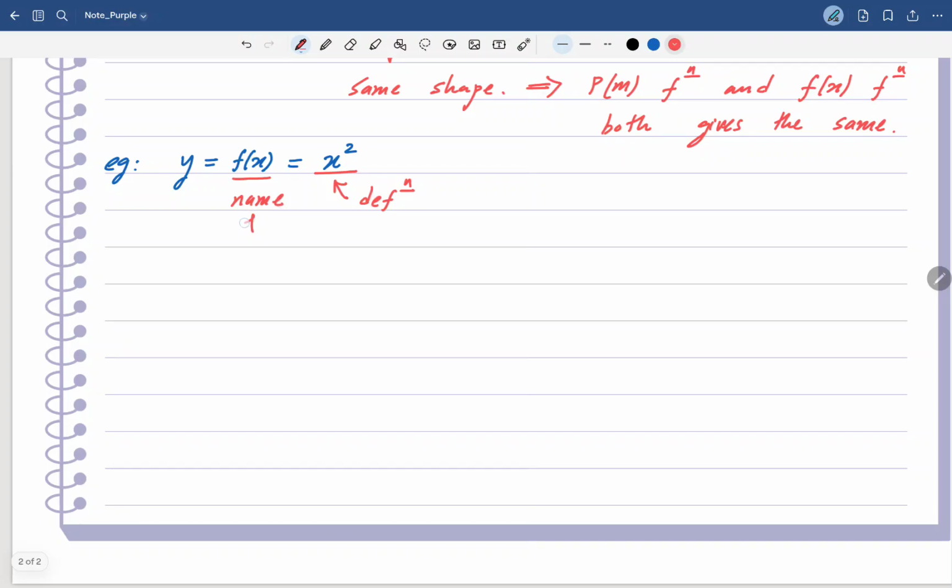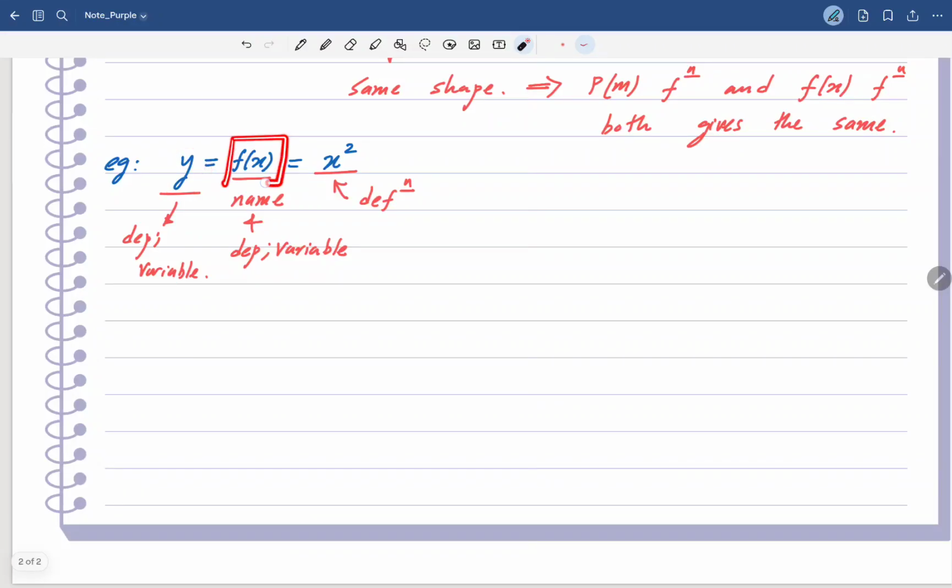And that itself tells you about the dependent variable. So the dependent variable is represented by f of x. Also, this y is a dependent variable as well. So this is a general way of defining the dependent variable.